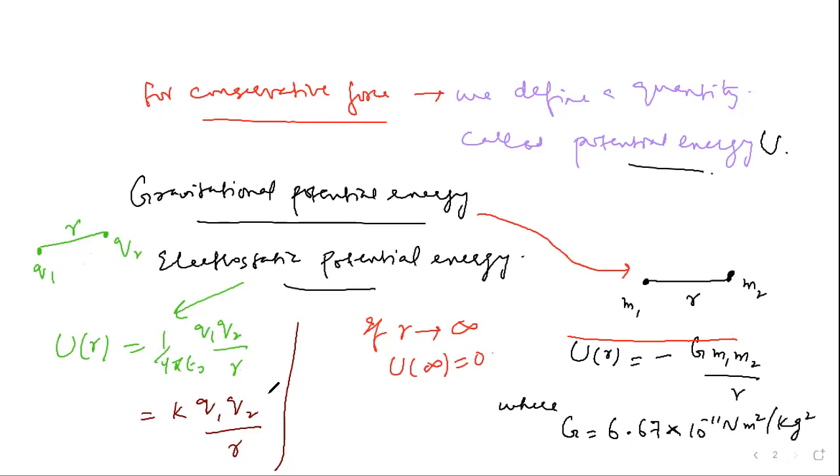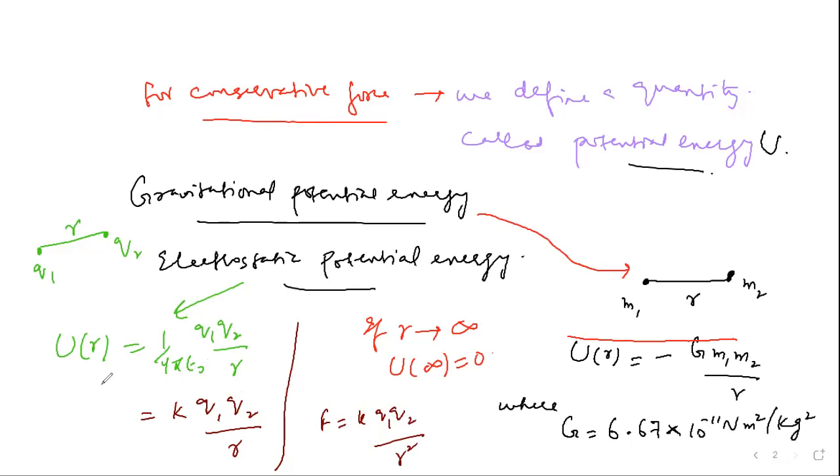You can find the unit from Coulomb's law: F is K Q1 Q2 by r square. So K will have the unit in SI system Newton meter square per Coulomb square, right? That's not important. Similarly, you know epsilon naught, it is called the permittivity of free space.